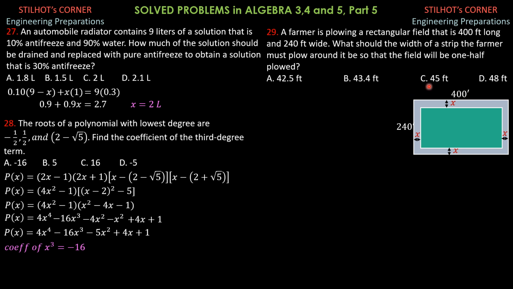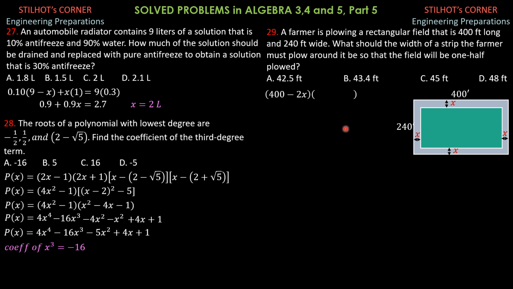And from there, we can solve for x. Again, the area of this green field, the dimensions would now be 400 minus 2x by 240 minus 2x. We equate that area to 1/2 of the original area so that we follow the condition in this problem.